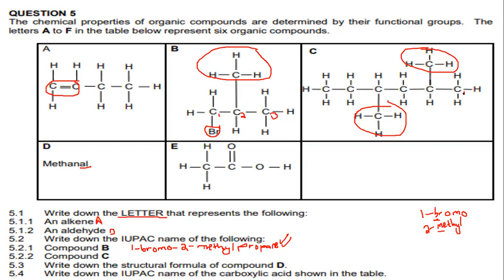So I will say this is a 1, this is a 2, this is a 3, a 4, a 5, a 6, right? For the sake of space, I'm just going to erase there.